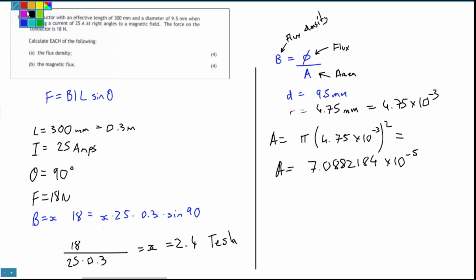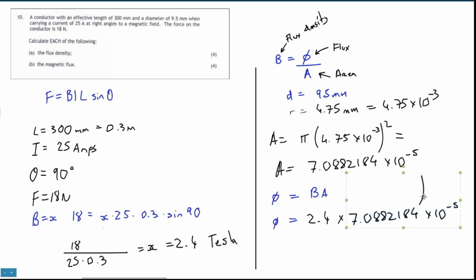So I just need to pop this in here, and we're looking for the flux, the magnetic flux. So I can actually transpose this and multiply my flux density, which is this guy, with my area. So let's do that. Let's do flux is equal to flux density times my area. So that's going to be this number down here, the 2.4, multiplied by this number here, all of this. Grab it. All right. Okay, and we just multiply them together.